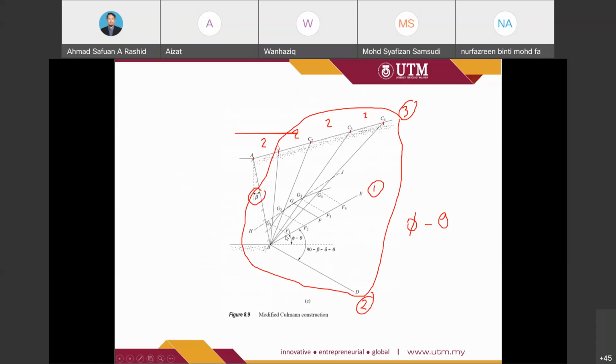Let's say your W1 is equal to 10,000. So 1 centimeter is equal to 2000, so you need 5 centimeters for F1. The same goes for B to F2, the same scale for F3, and the same scale for F4.